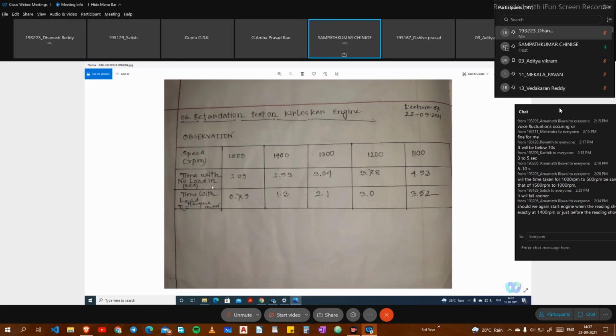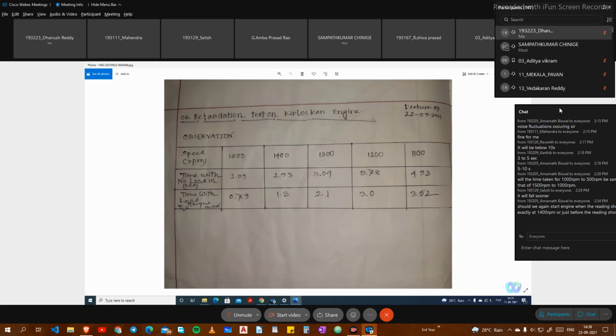So should I show? Students, have you noted down these readings? Sir, this test is done on the same equipment you have shown us right now. Correct. Sir, in the video it was shown very quickly, 1500 to 1000 in a second or 2 seconds, but here it doesn't look like that. It took nearly 4.5 seconds.